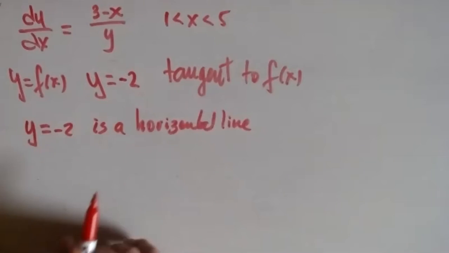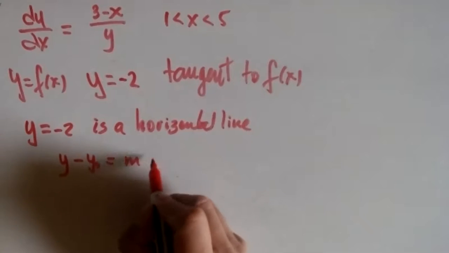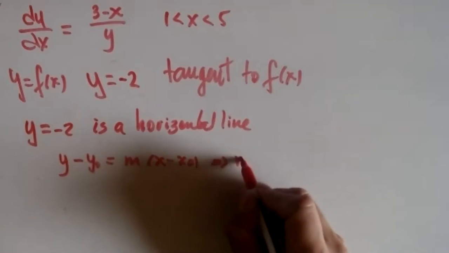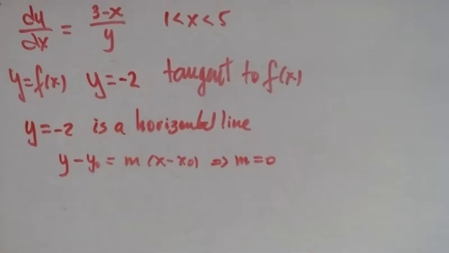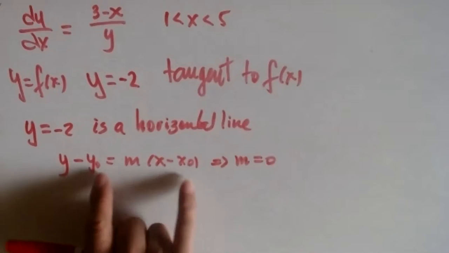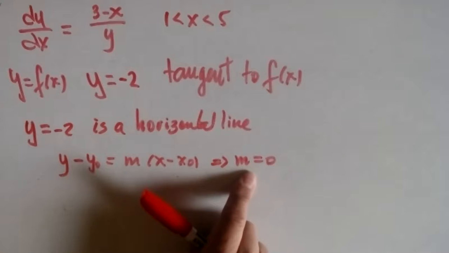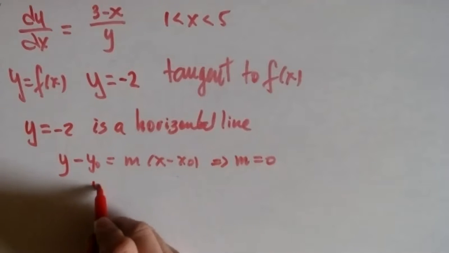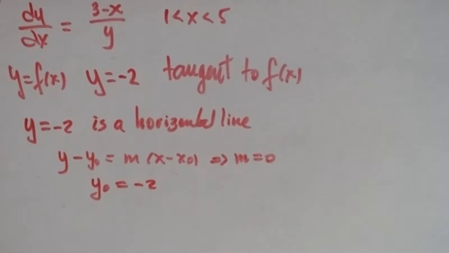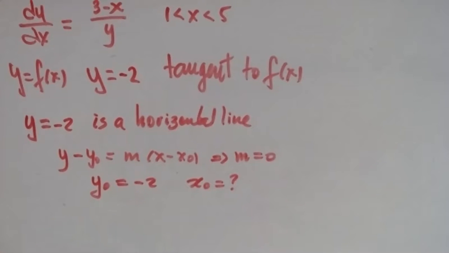This is not calculus, this is algebra. If we have y - y0 = m(x - x0), that means that m is 0. This is algebra 1. This is the equation of a line passing through this point with this slope, and this is a horizontal line, so the slope is 0, and here y0 equals -2. So we have x0 unknown, correct?